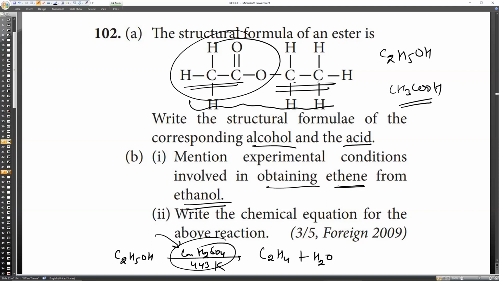This is very important, because most students forget to mention the temperature. If you decrease the temperature, it will give you a different product. This is why they ask for the experimental condition. So the temperature should be 443 Kelvin, and we should add a few drops of concentrated H2SO4. Write the chemical reaction for the above. You can write it.